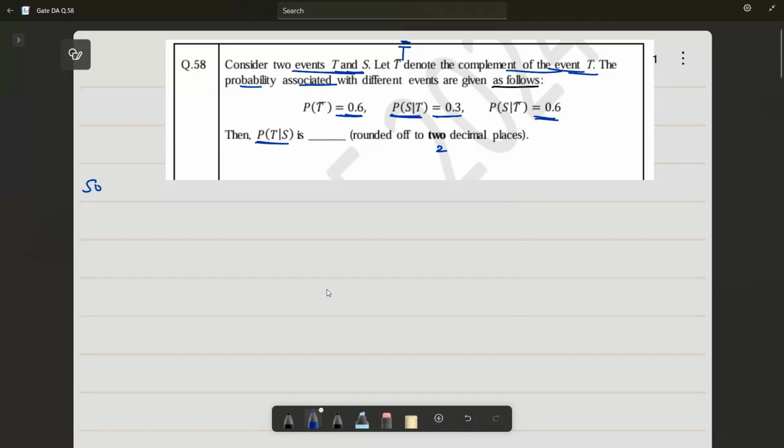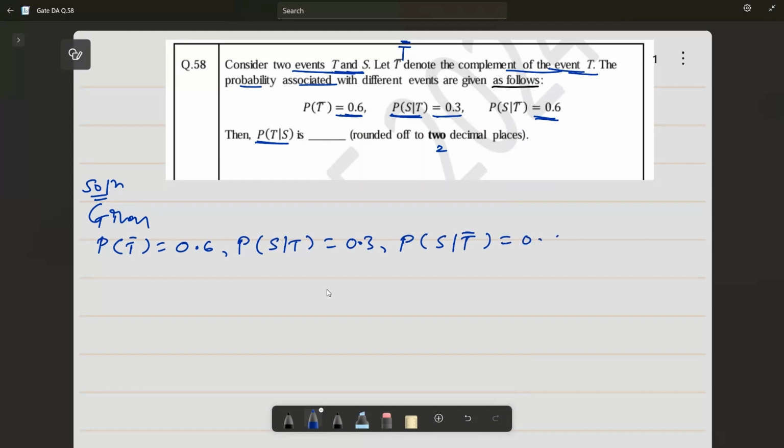So let us see the solution. First of all, we will write the given, whatever is given in the question. We have given probability of T complement is equal to 0.6, probability of S given T is equal to 0.3, and probability of S given T complement is equal to 0.6.